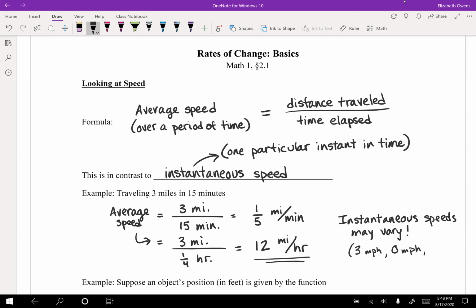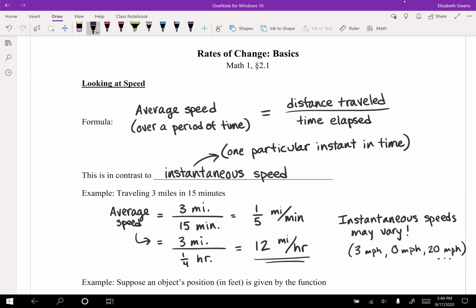And then let's say you were going down a hill or really feeling it and you sped up a lot. Maybe you got up to 20, 25 miles per hour. So during that ride, you might have had a variety of different instantaneous speeds, but it all averages out to an average speed of 12 miles per hour. So there's a big difference between these things.